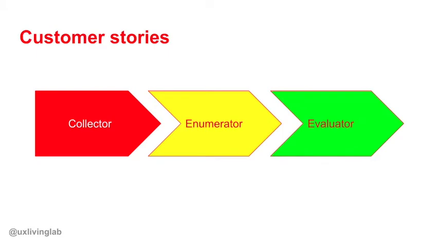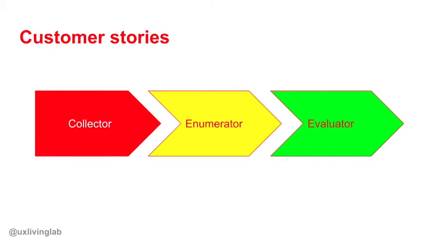The first step is collect, useful for primary research, that is, we are directly collecting the stories from the participant during the ethnographic studies. In this method, the moderator is trained to use a three-step process: collector, enumerator and evaluator. I will explain in detail what it is.